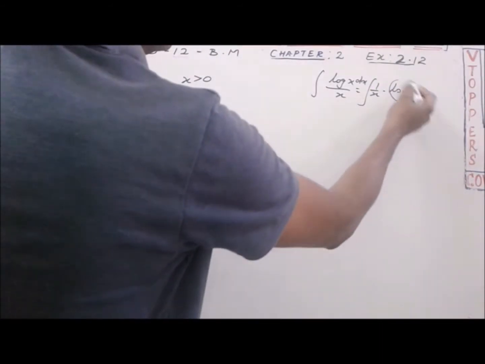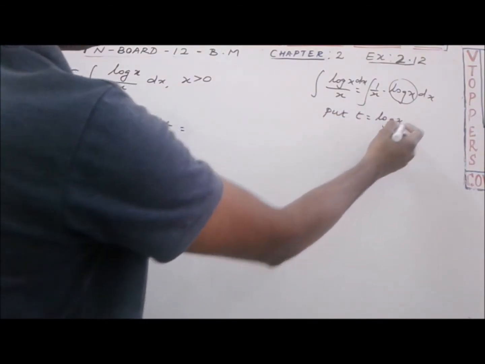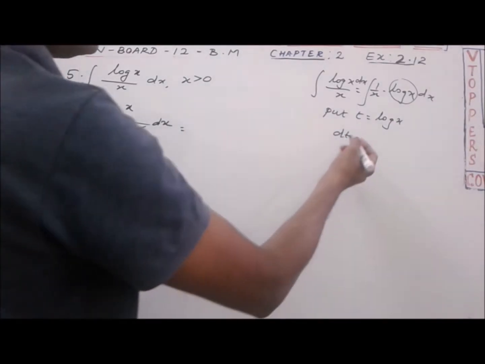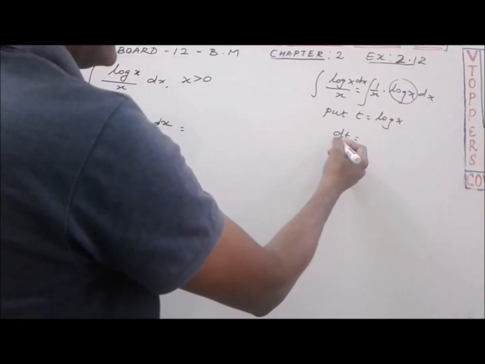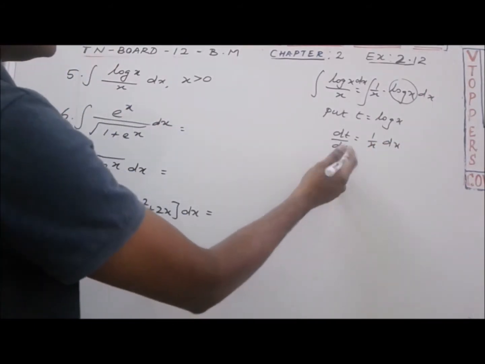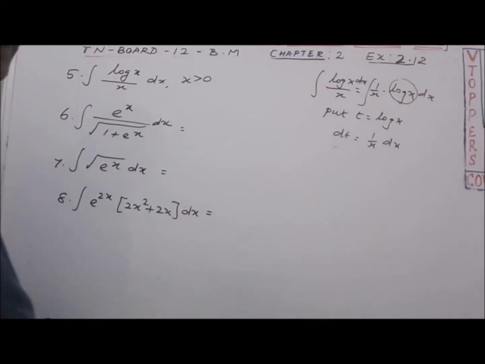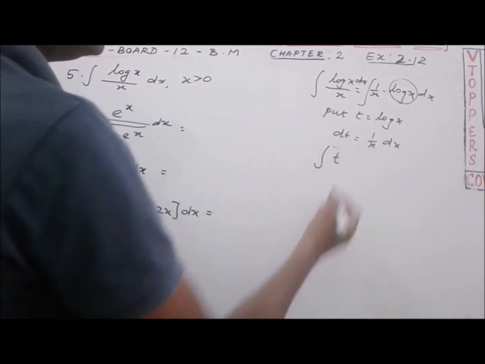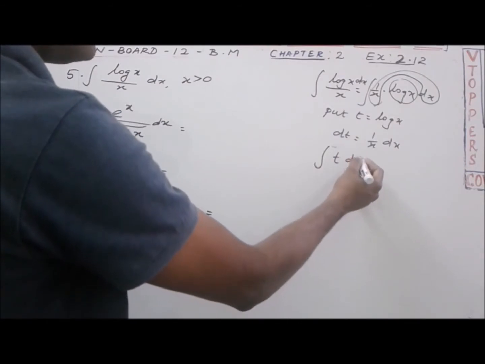Now put t equal to log x. Then dt by dx is equal to 1 by x, so dt equal to 1 by x dx. Differentiating, we have dt equal to 1 by x dx. Substituting the above, log x is t, and the remaining 1 by x dx is dt.